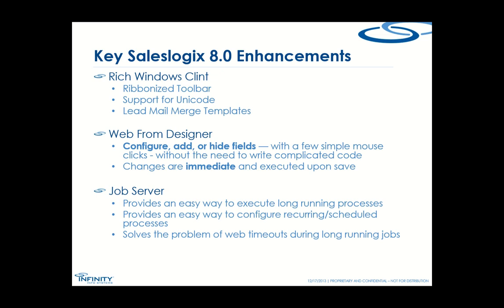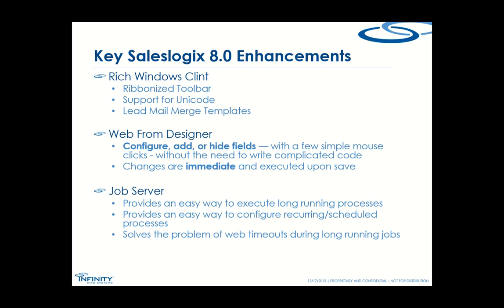And it takes effect immediately, so that way you can see what has changed and test it out while you're working. We're kind of excited about the job server. It's a way to offload those long-running processes off of the client and put them onto the server, and then let the user know that the report they've run is now ready, or if they've done some sort of export or custom job that takes a long time.